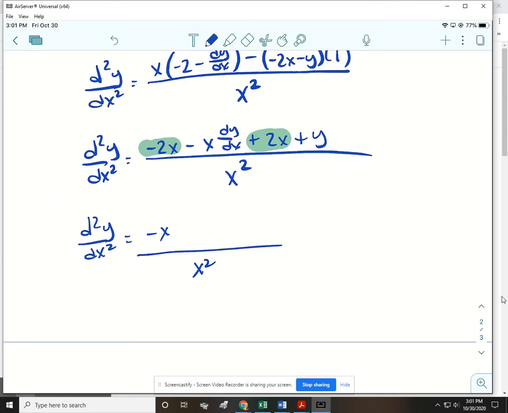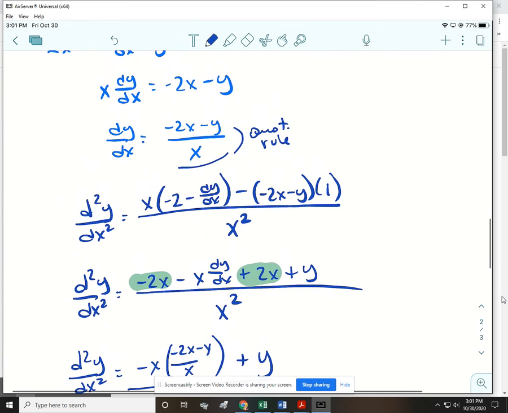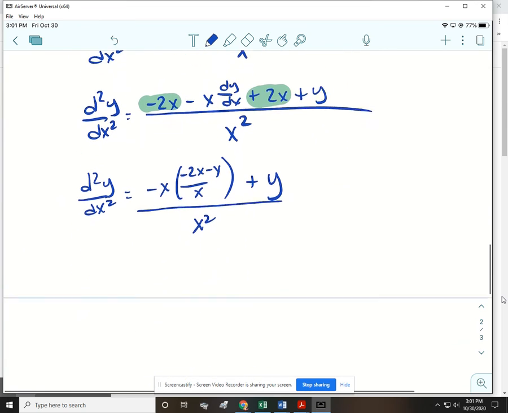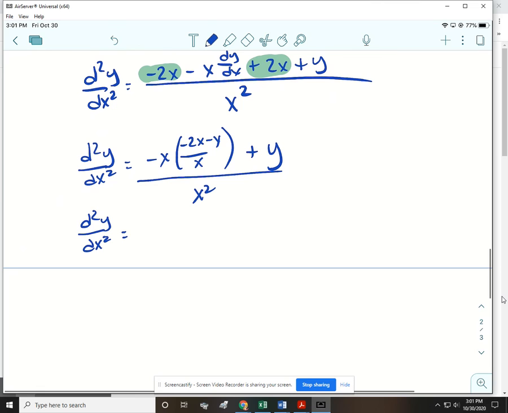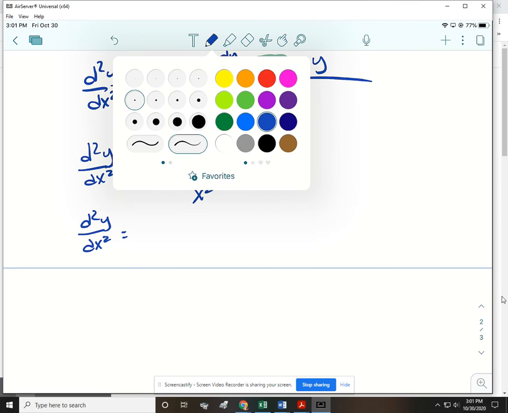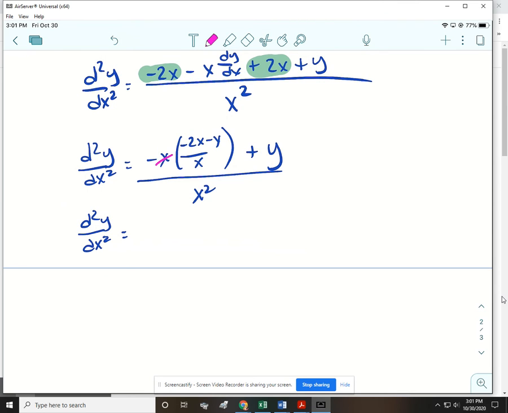Okay, so that was negative 2x minus y over x, and I just got that from this right here. It works out very nicely because those x's are going to cancel out, become 1 or negative 1 basically, and then I would make sure I distribute that negative.